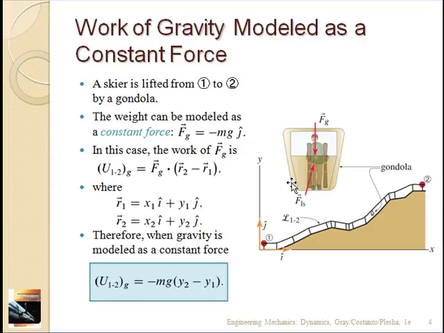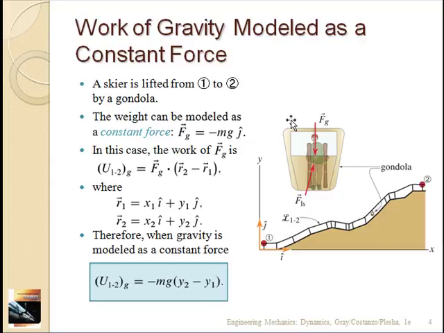So let's look at gravity, for example. Gravity is a constant force, and as we saw before, under a constant force, the work done on a particle is just the force dotted with the vector from position 1 to position 2. And so, since gravity is a constant force, the work done in going from position 1 to 2 in something that's moving vertically is just minus mg, where g is a gravitational constant, times the difference in the heights, right?